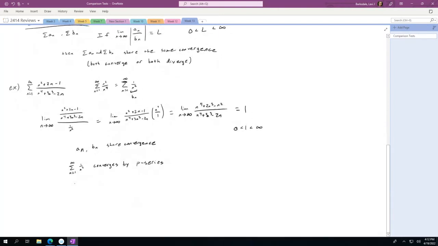So then because of that, the sum from 1 to infinity of (n squared plus 2n minus 1) over (n to the 4th plus 3n cubed minus 2n) should also converge, this time by the limit comparison test.